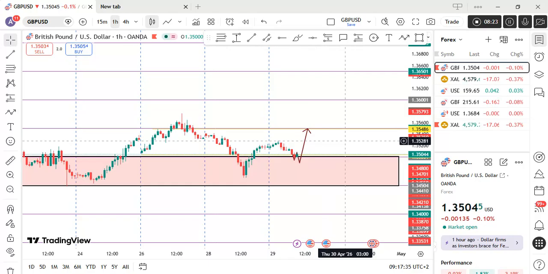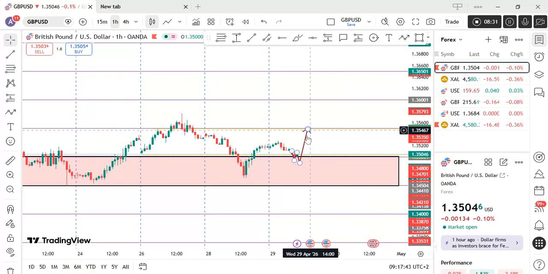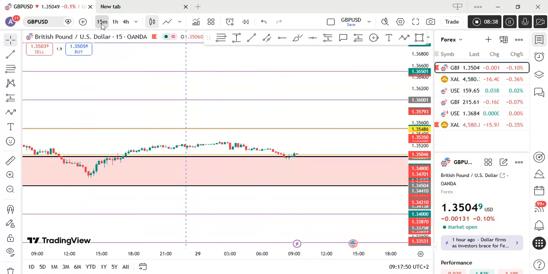So I'm looking forward to see a W pattern being formed from my 15-minute time frame. So let's quickly fall down to the 15 minutes. From my 15-minute time frame, already I'm seeing signs and some candle formation.